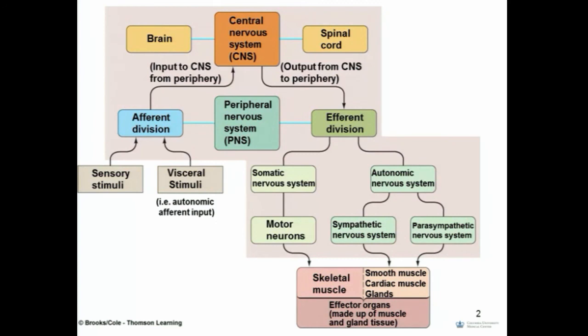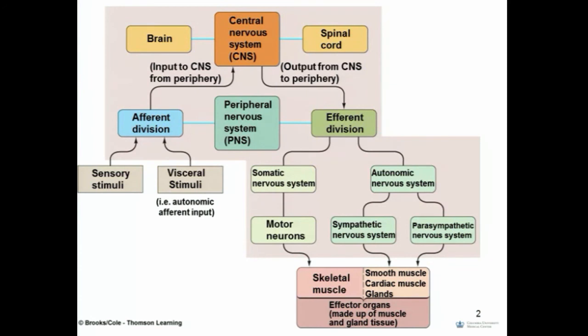And the peripheral nervous system branches out from the central nervous system, starting with the cranial nerves and the spinal nerves. Okay. And those cranial nerves and spinal nerves then branch into all of the peripheral nerves of the body.